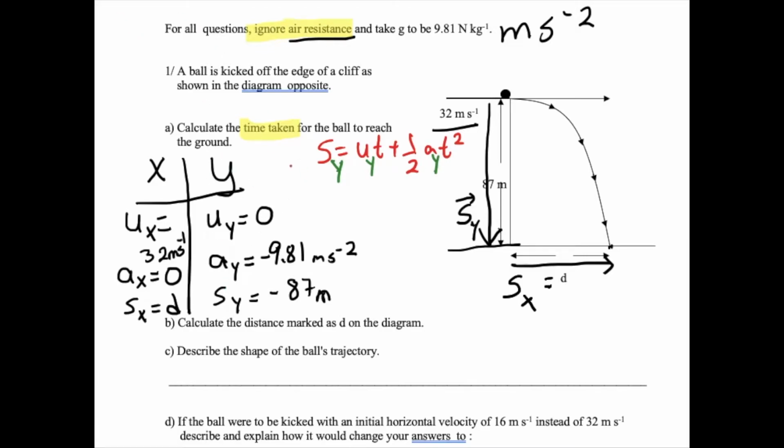So what's the displacement in y? Negative 87 meters. What's the initial velocity y? That's a 0, so I'm not going to bother with that term.